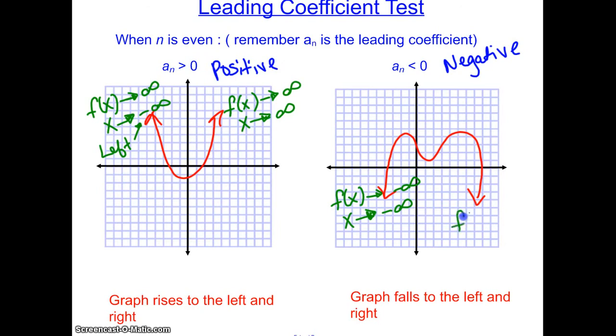On the right side, your function is going down as x approaches positive infinity, because again, you're talking about the right side. And remember, these end behaviors will be true for all even degrees, depending on whether it has a positive leading coefficient or a negative leading coefficient.